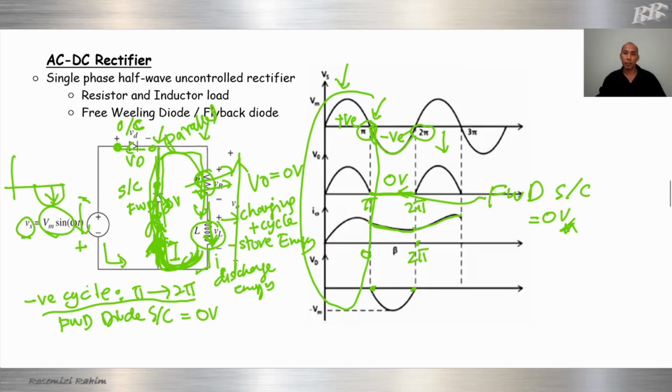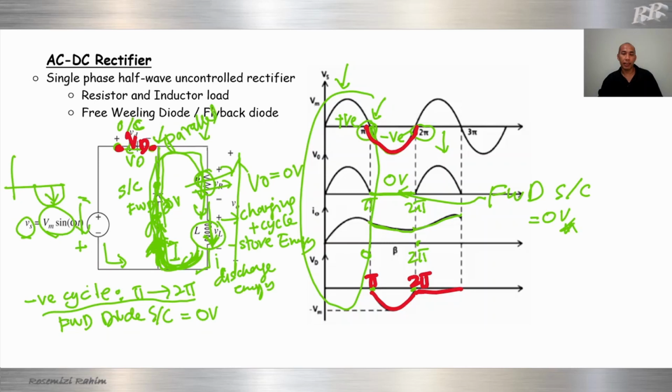The input waveform of voltage is like this, so all the input waveform will go here to V diode, from pi to 2 pi. Then during the positive cycle, it will be the same as previously.